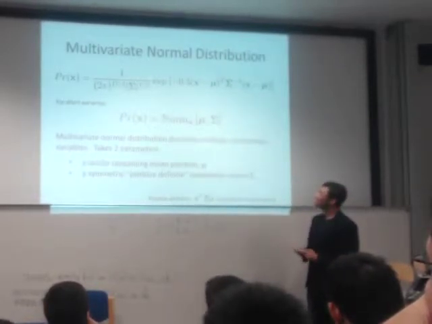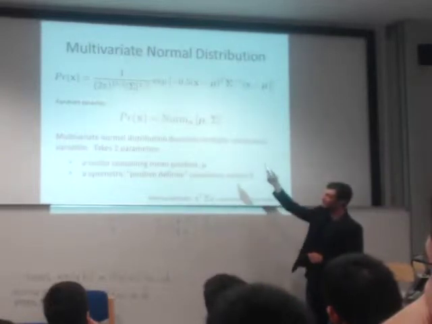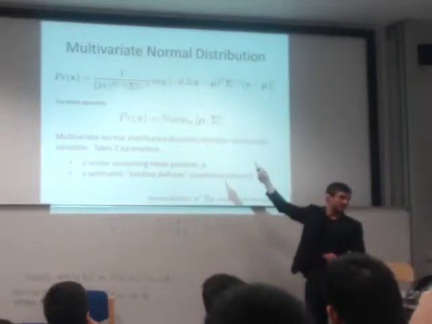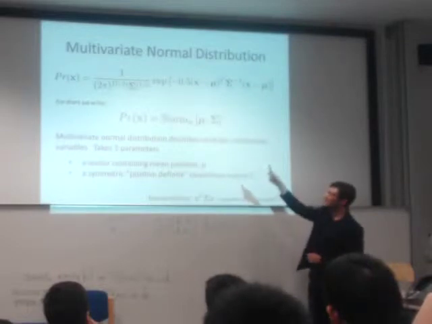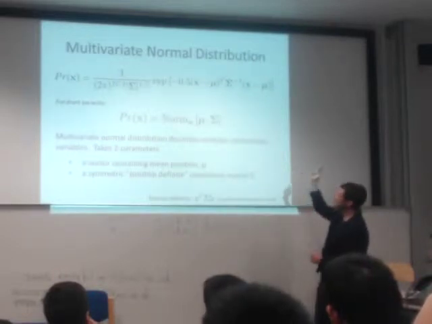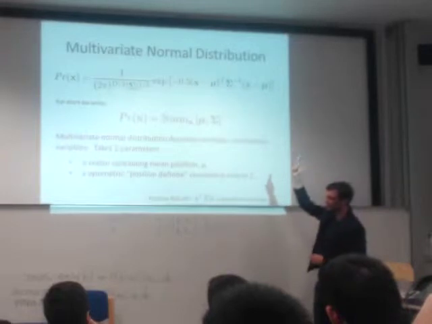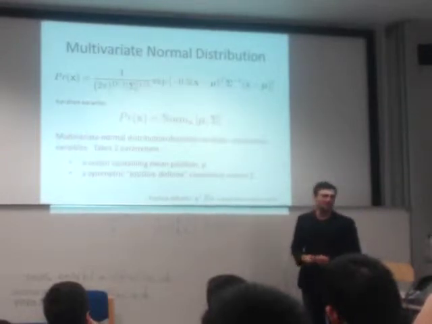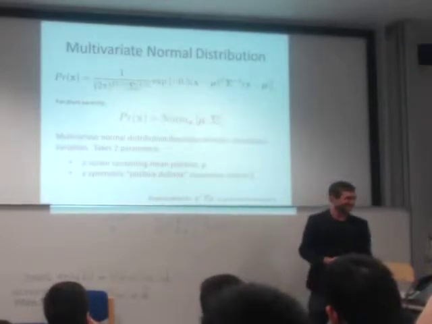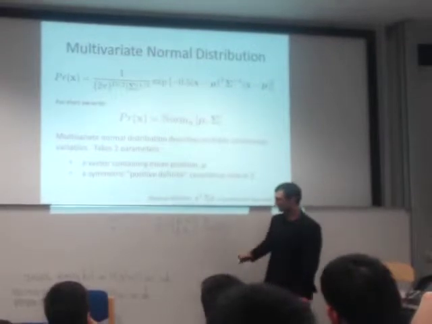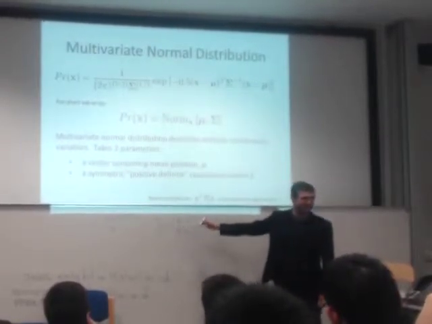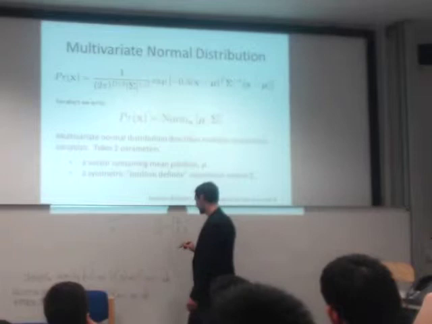We need to know what the determinant of one of these is for the first term, and then the square root. And we need to know what the inverse is. So do we know what the determinant of a 2 by 2 matrix is? Product of the diagonal, minus the other diagonal.